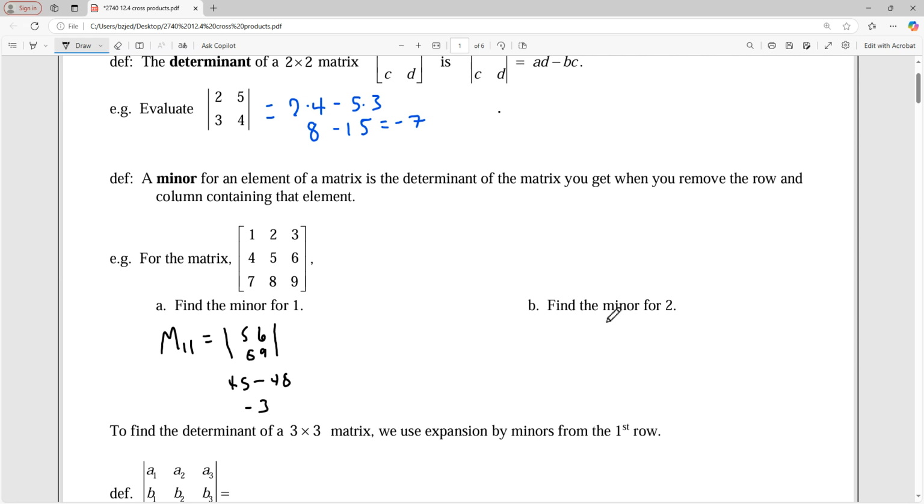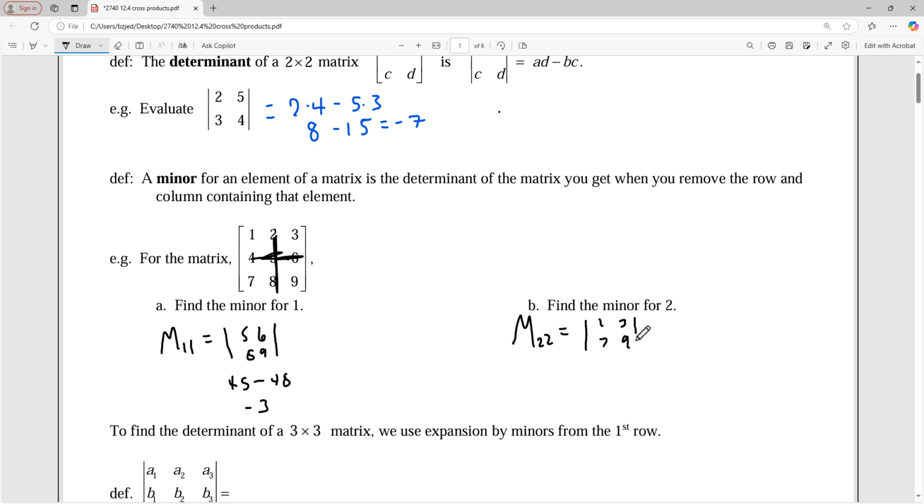I could also do this for row 2 and column 2. I'm going to show you what I'm doing on this matrix for this one. So I'm eliminating row 2 and column 2. And if I were to find minor 2, 2, I could get that as the determinant of the matrix 1, 3, 7, 9.